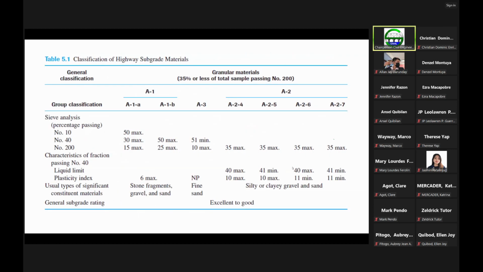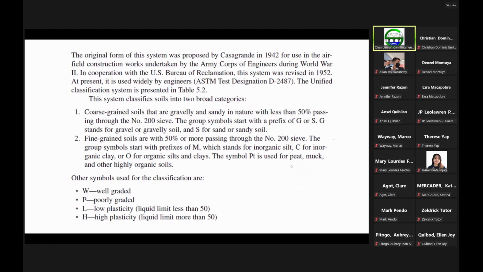Now this time, let's discuss the Unified Soil Classification System.